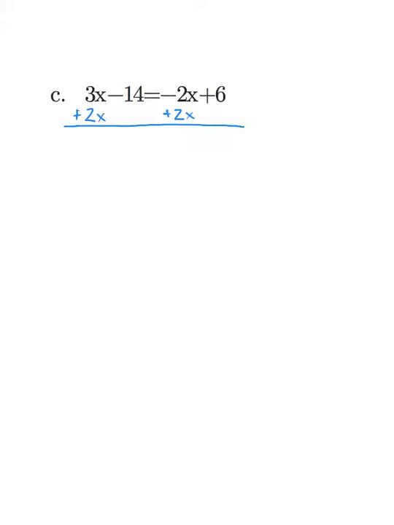If we do this, my 2x's on the right side cancel, and on the left I am left with 5x minus 14 equals 6. Since I moved all of my variables to the left, I need to move all of my constants to the right. So the thing that I need to get rid of now is I need to take care of the minus 14.